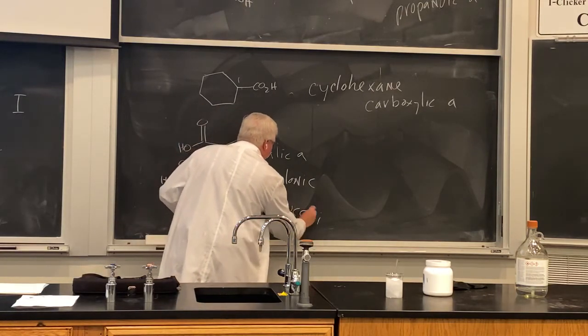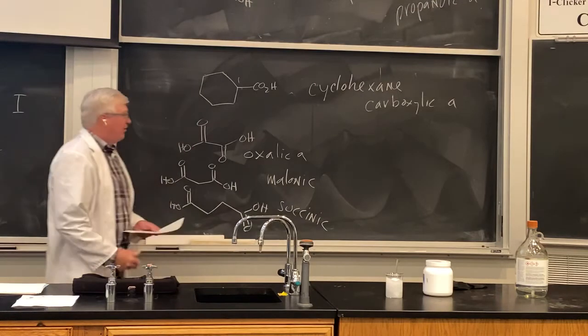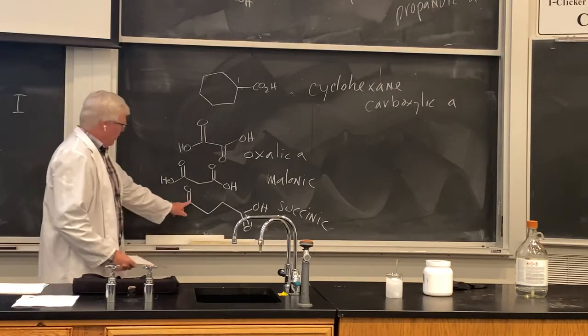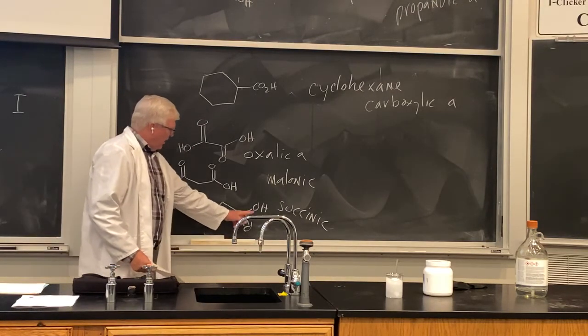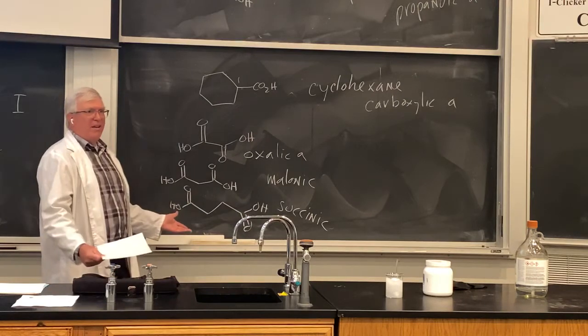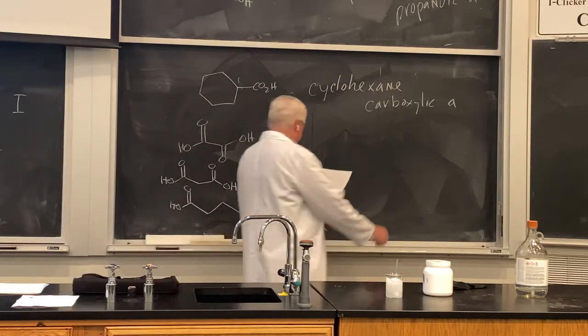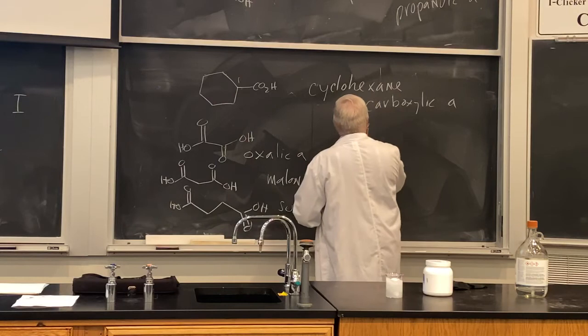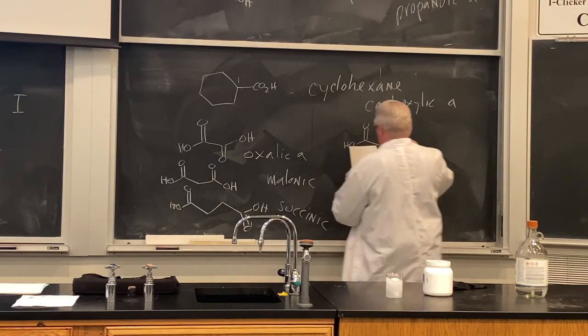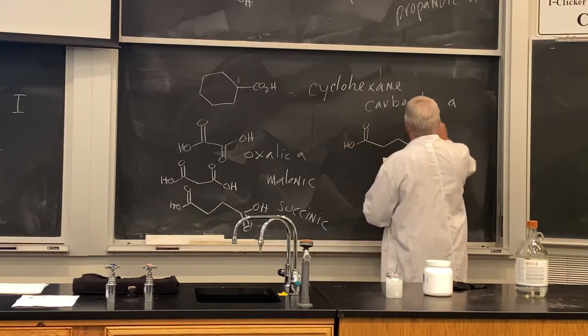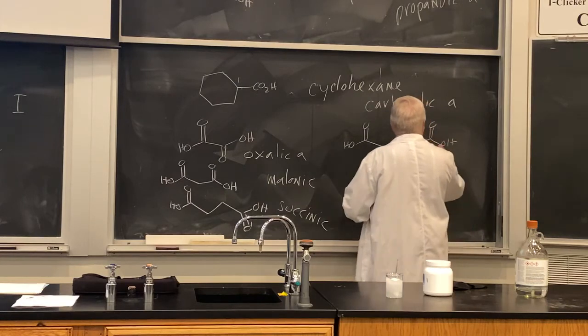Succinic acid will feature prominently in the citric acid cycle. We'll see later on, again, 4 carbons total and 2 carboxylics. They have to be on the end, right, to be a carboxylic acid that way. Then we got glutaric acid. Looks like this. Glutaric.